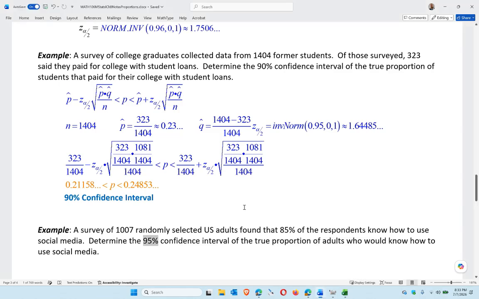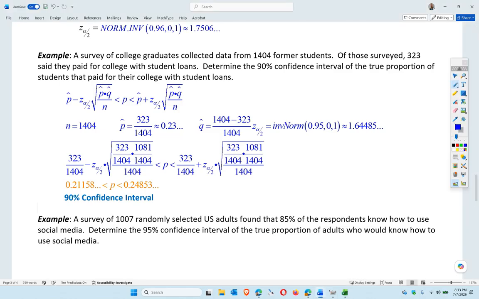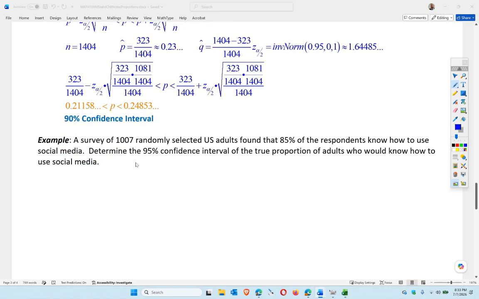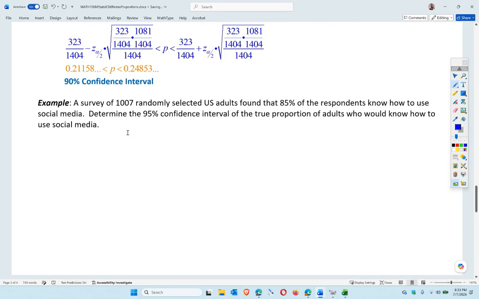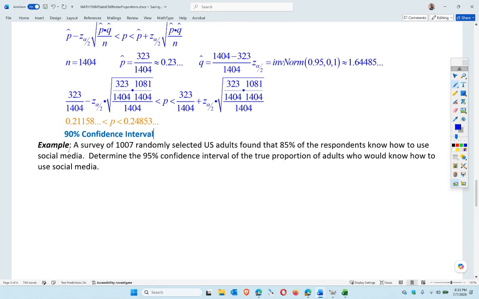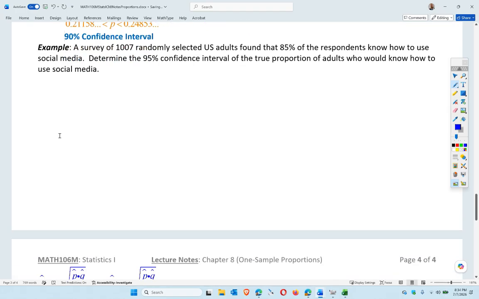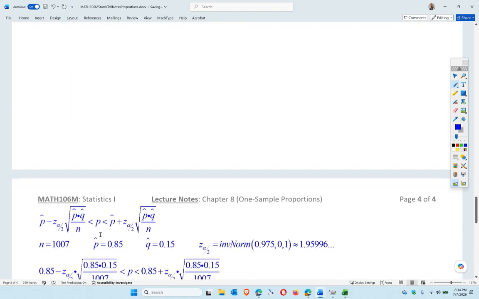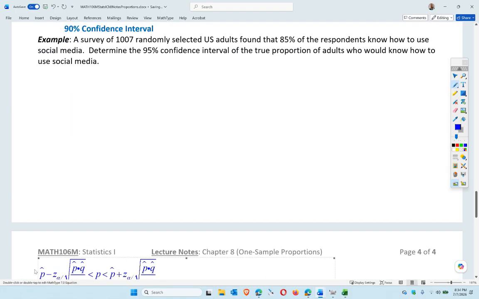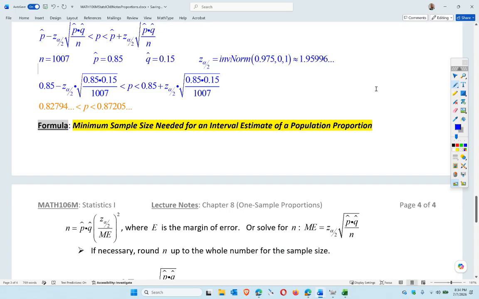Okay, all right, so let's bump this up a little bit here. Essentially, this is what we came up with. Okay, let's move this up. It's not moving for me.